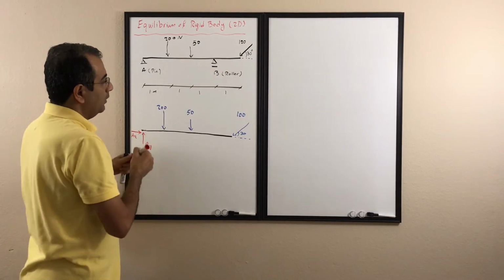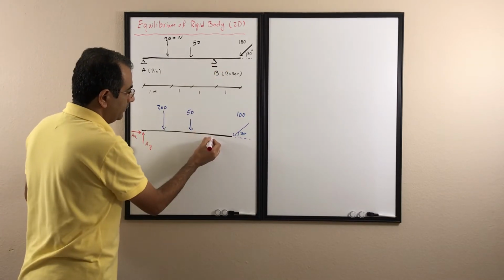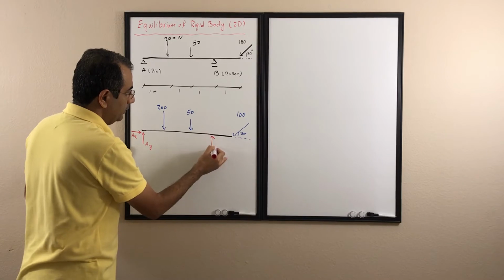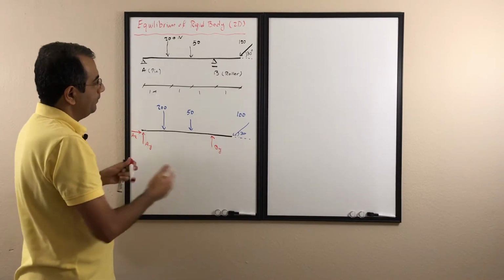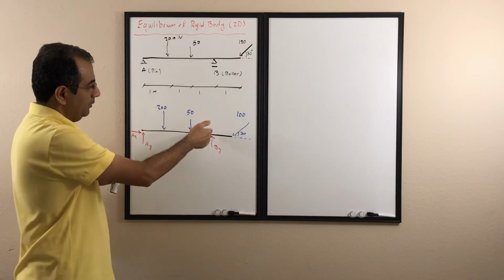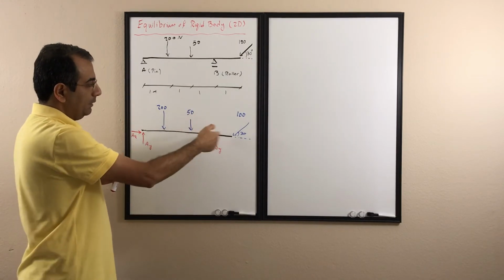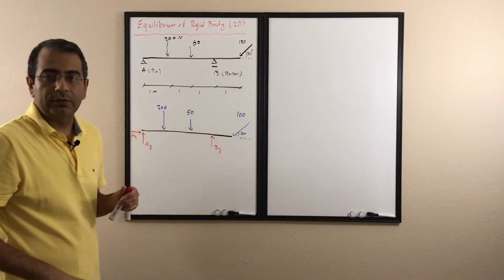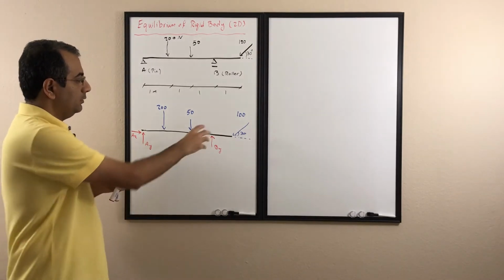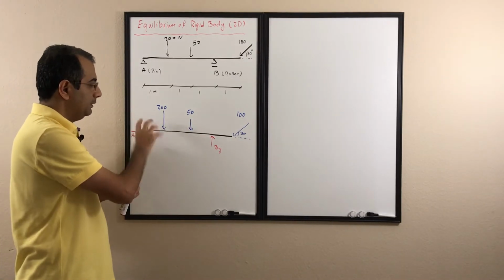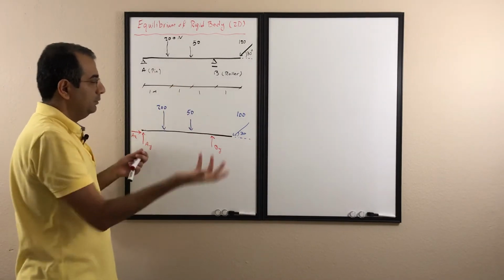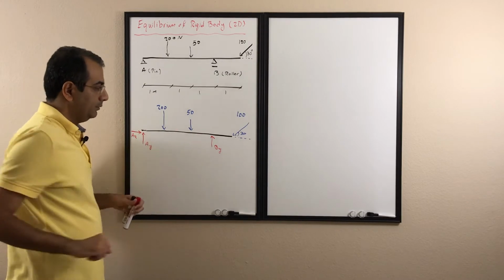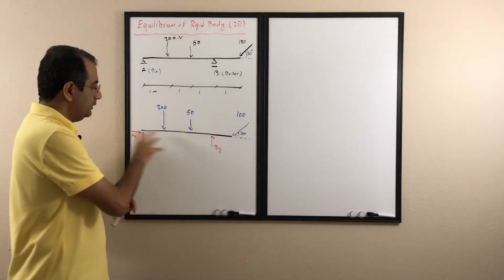So the only force I need here is one force, BY, to make sure that at point B my beam is not going up and down. At point B it can go left or right, so I'm not going to restrict it. Also, point A and point B don't restrict the rotation of the beam, so I'm not going to restrict the rotation either. So these are my reactions.